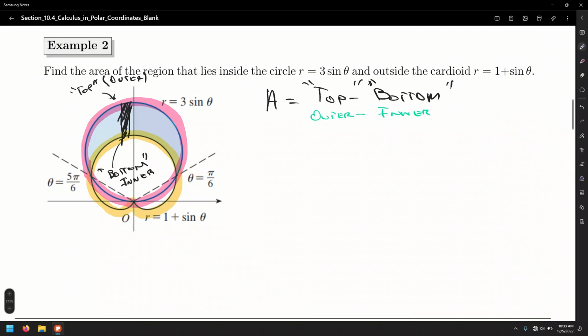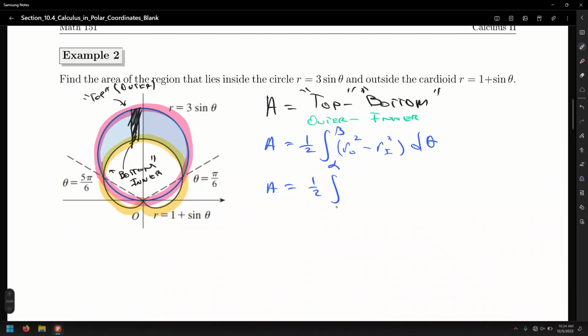So finding the area equals 1/2, not pi over 2, integral from alpha to beta of r squared outer minus r squared inner d theta. Just like we have a top minus bottom, in this case they get squared. So this will be 1/2 the integral. Let me set it from pi over 6 to 5 pi over 6 for now.